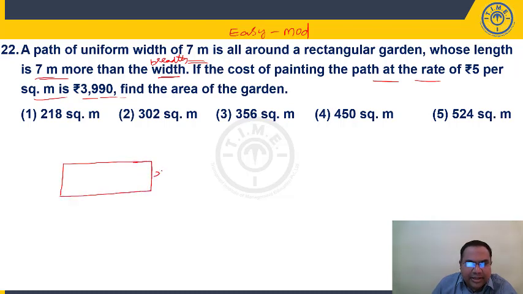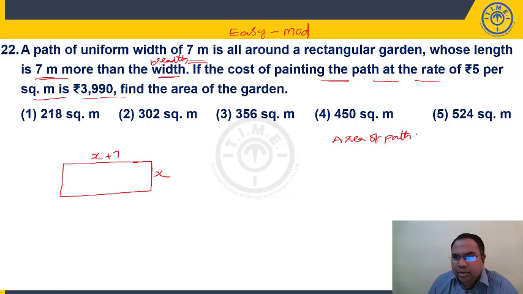Let us say if you take breadth as x, its length should be 7 meters more, x plus 7. He is putting a path, the cost of painting the path. How will you get cost of painting the path? Area of path into 5 per square meter is equal to total cost 3990.